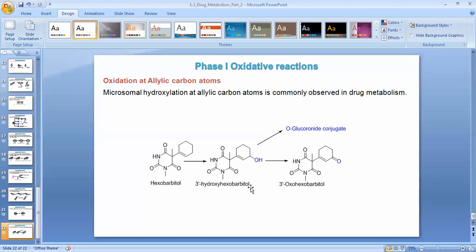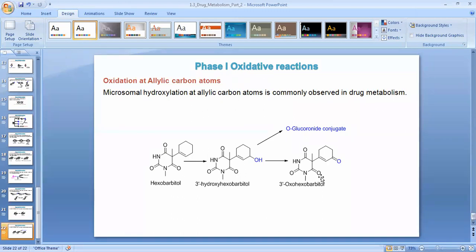After that, 3-hydroxyhexobarbital either goes for glucuronide conjugation, that means it is transported to the phase 2 reactions, or it is converted into 3-oxohexobarbital. So the hydroxyl functional group is converted into a ketone functional group. Likewise, these types of reactions proceed for the metabolism of various drug molecules.